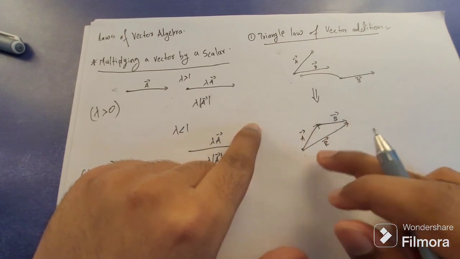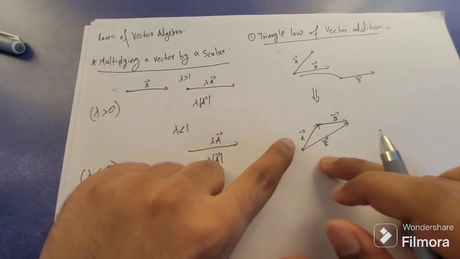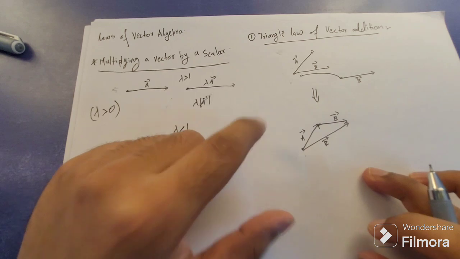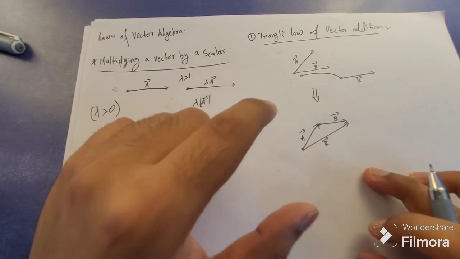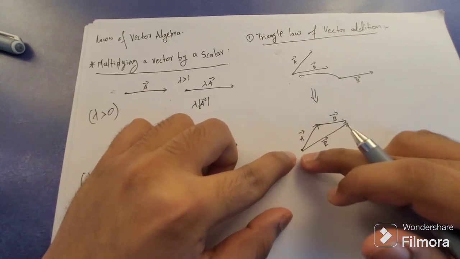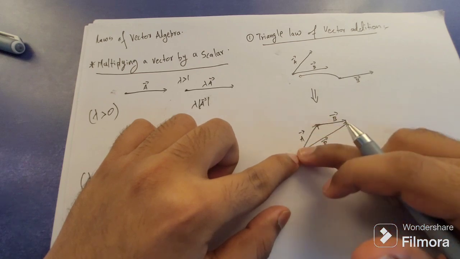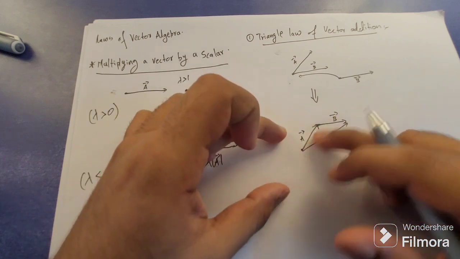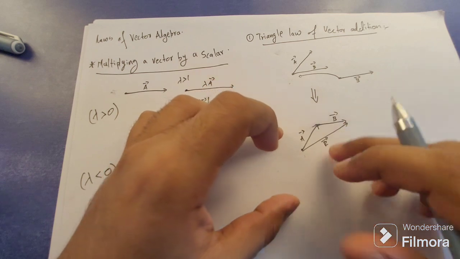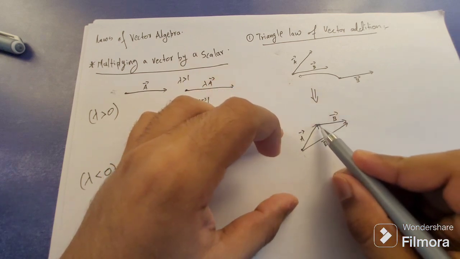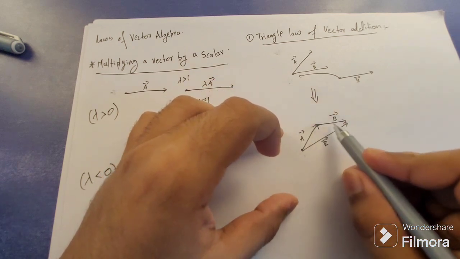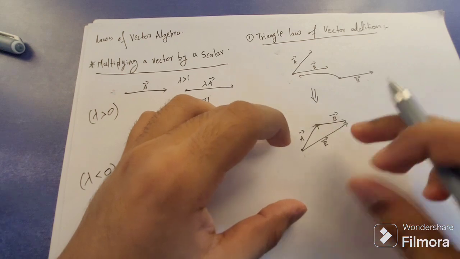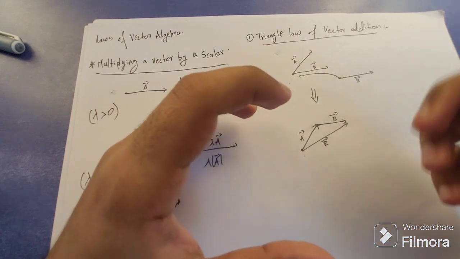Now let us try to interpret this situation with an example. Let us say I have a person A who is applying a force which is represented by A vector. Assume that this A vector is representing a force vector, and a person B is applying a force which is represented by B vector. Assume this B vector to be a force.